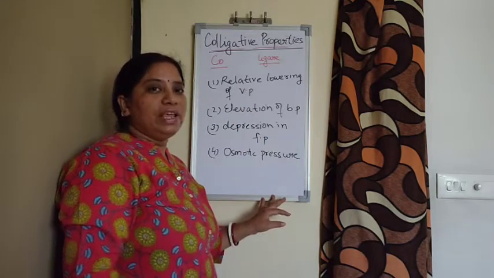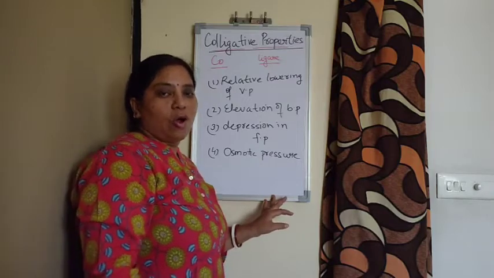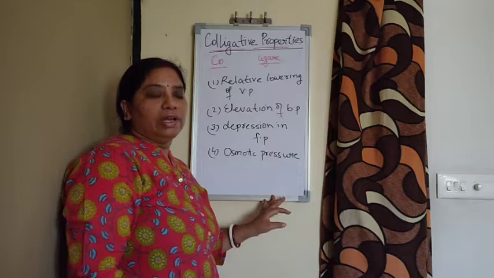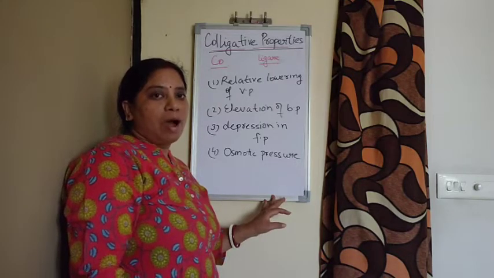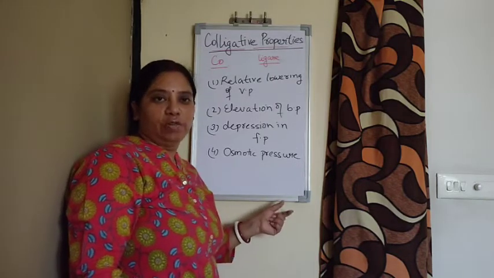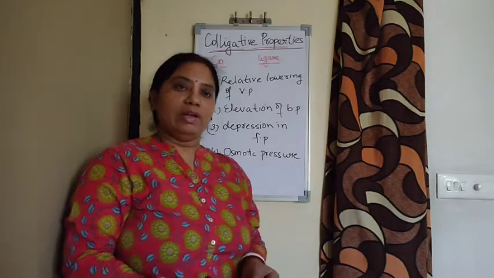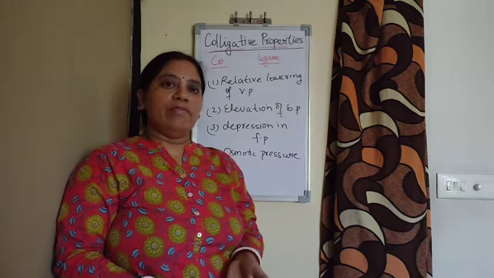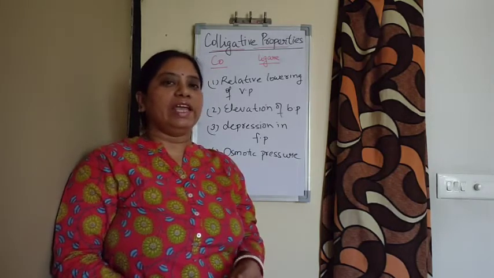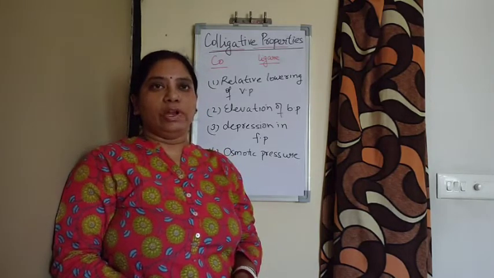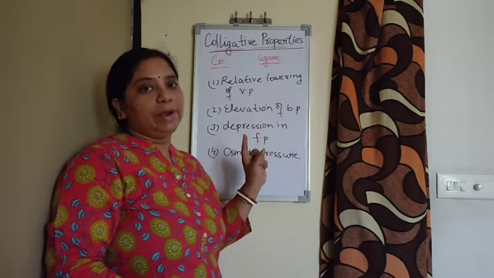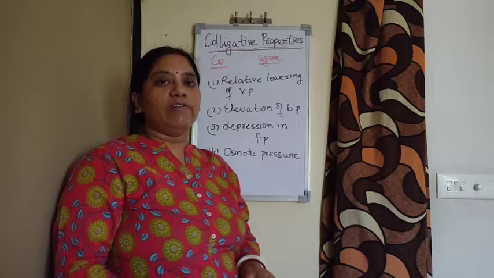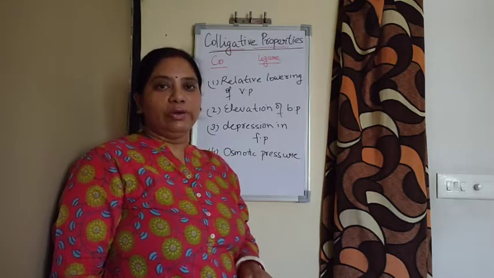For example, if we take 1 mole of sugar or 1 mole of salt and dissolve it in 1 kg of water, that will depend only on the amount of the salt or sugar which we are dissolving, and it will not depend on the nature of the solute particles. Similarly, if we take 1 mole of urea, or any amount of the solute, these properties will depend only on the amount which we are dissolving. They will not depend on whatever kind of solute we take.